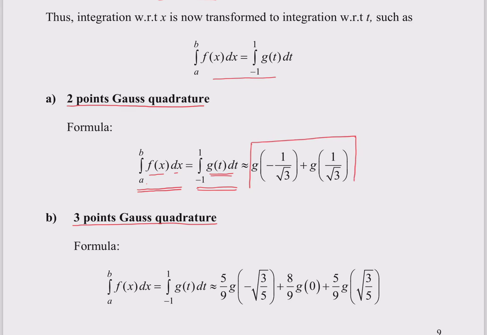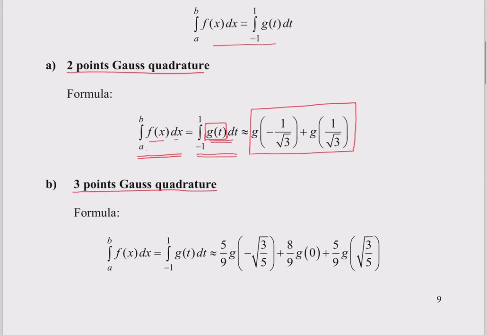g(-1/sqrt3) plus g(1/sqrt3). By looking at this formula, the key point is we need to find our g(t). After we find what our g(t) is, the next step is we just substitute the values of t equal to -1/sqrt3 and 1/sqrt3.